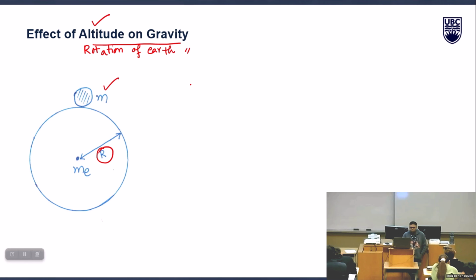So if I write the force of attraction between Earth and that mass resting on its surface, that should be simply equal to capital G, mass of Earth, multiplied by that mass on the surface, divided by the radius of Earth square, using Newton's gravitational law.